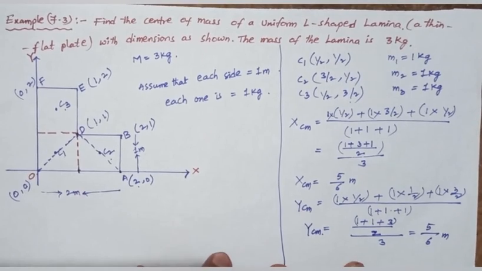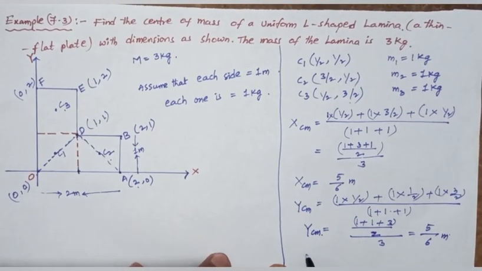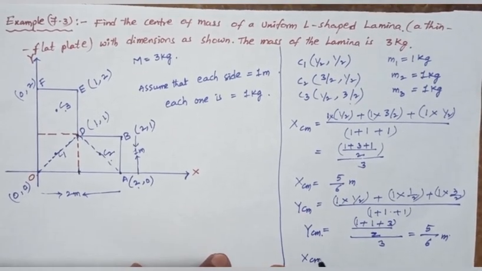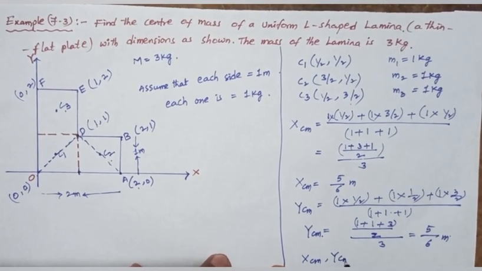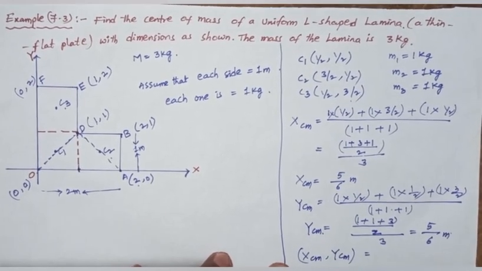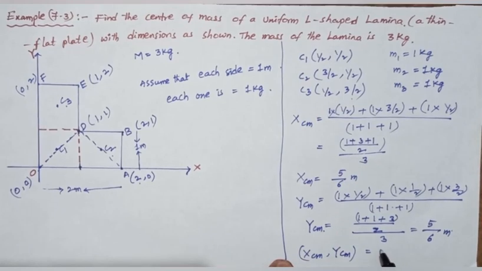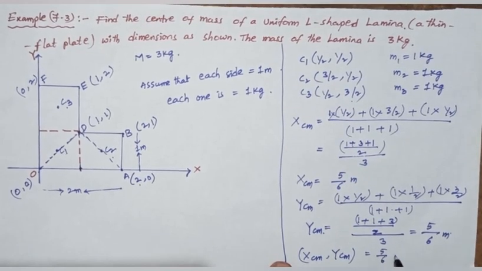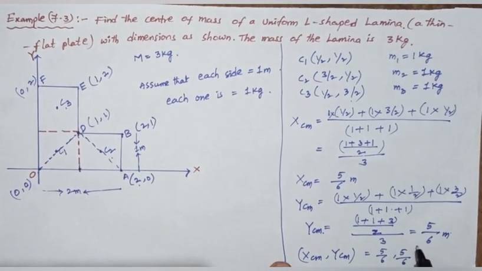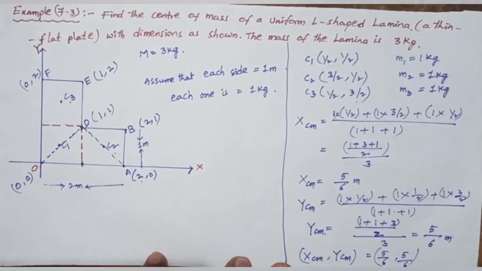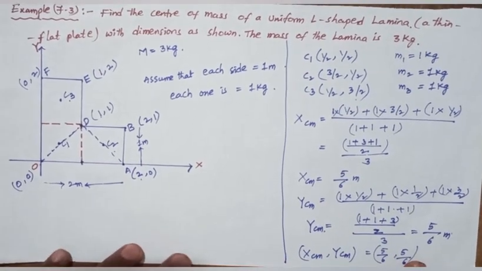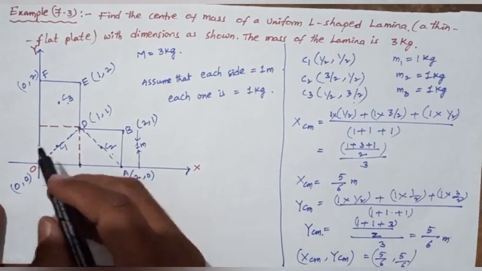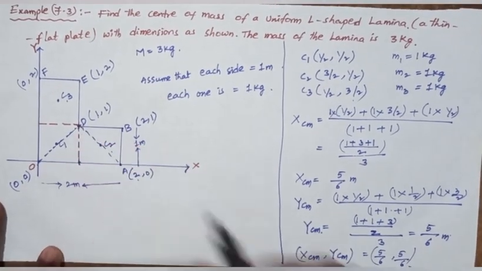So what is the value here? XCM comma YCM equals 5 by 6 comma 5 by 6. So this is the center of mass. This center of mass is along the OD direction.